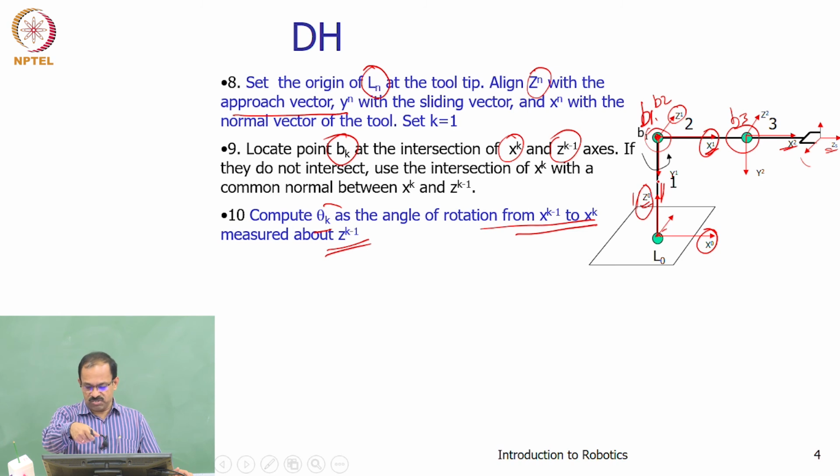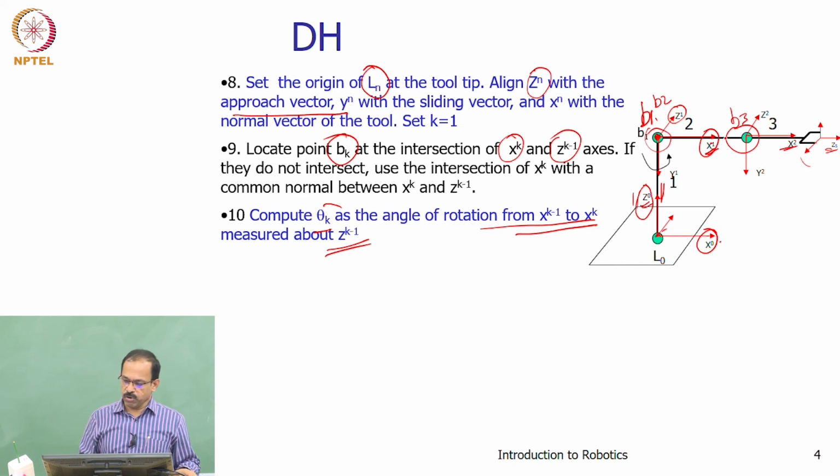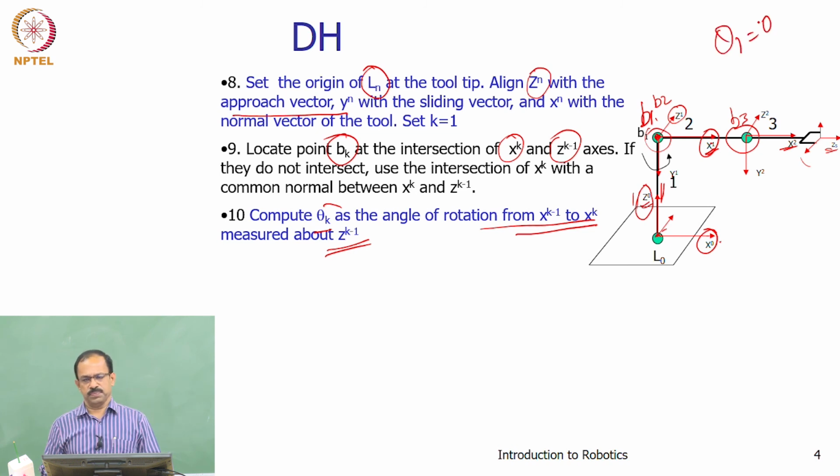You have to look from this axis and see whether it is rotating clockwise or anti-clockwise, and you will get theta k. Theta 1 is from x0 to x1. What is the rotation of x0 to x1? It is 0, right? So in the current configuration theta 1 is equal to 0. That is all. It can change, though. If you rotate it, x1 can be in a different orientation and you will get theta equal to 90.